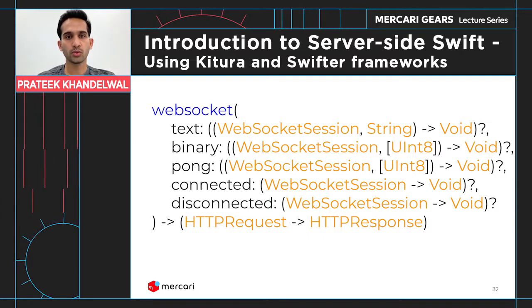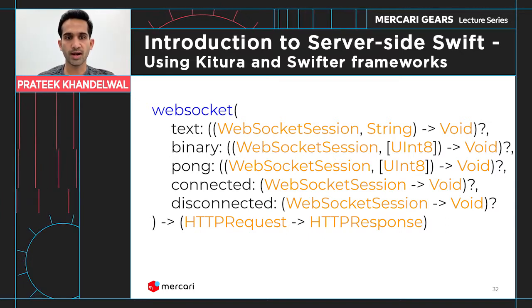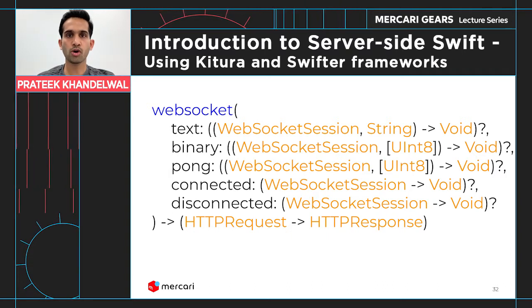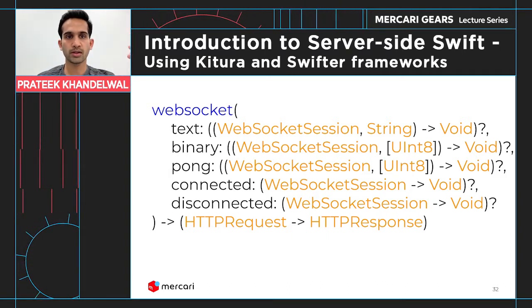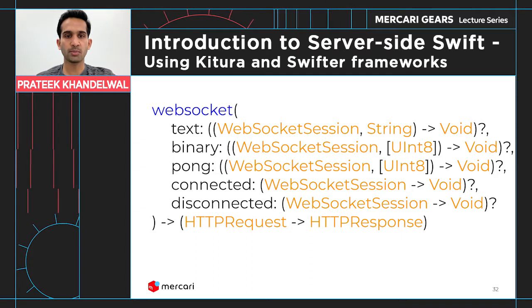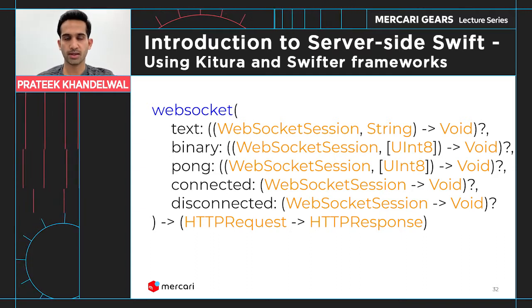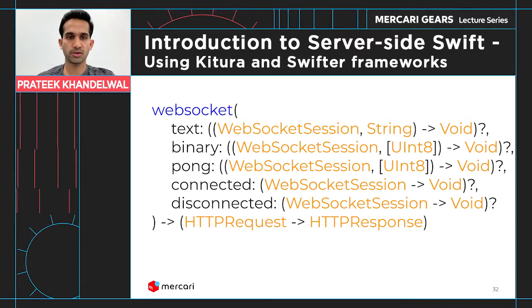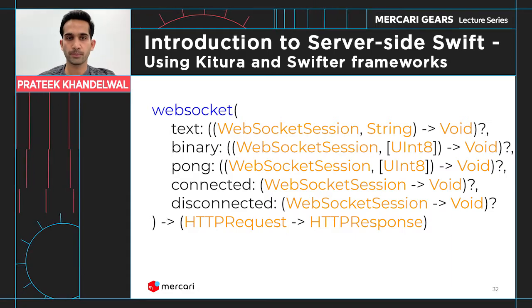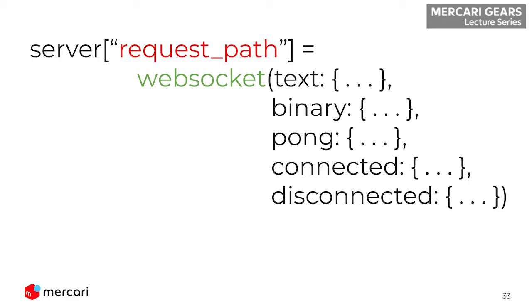Here you just pass these closures directly into this function, and they will be called accordingly at that point of time, whenever the connection or disconnection happens, and so on. If you remember, there we had to use a WebSocket class and register with WebSocket.register. Here we already have an HTTP server object.